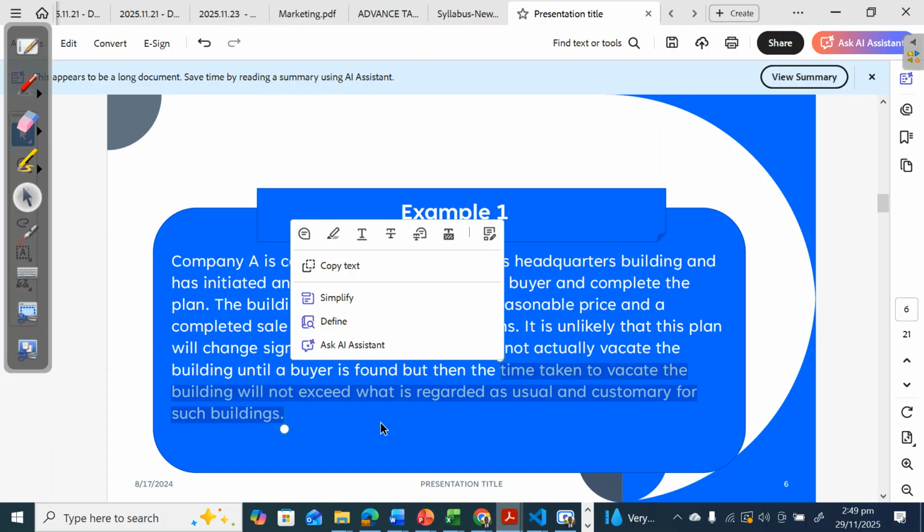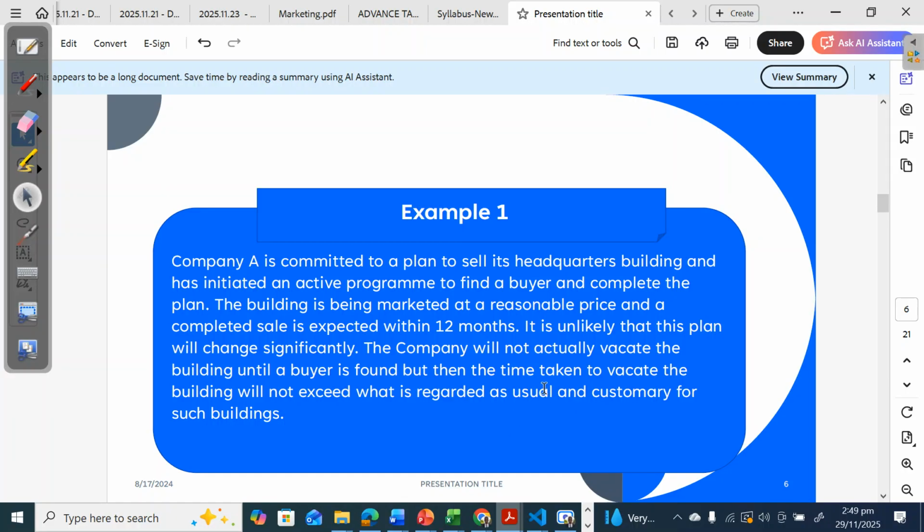Even though they are using it, the asset is available for immediate sale, which is, if a buyer comes, they can vacate the building and sell it. And the time it will take to vacate the building, the question says, is a usual period, it's not an unusual time.